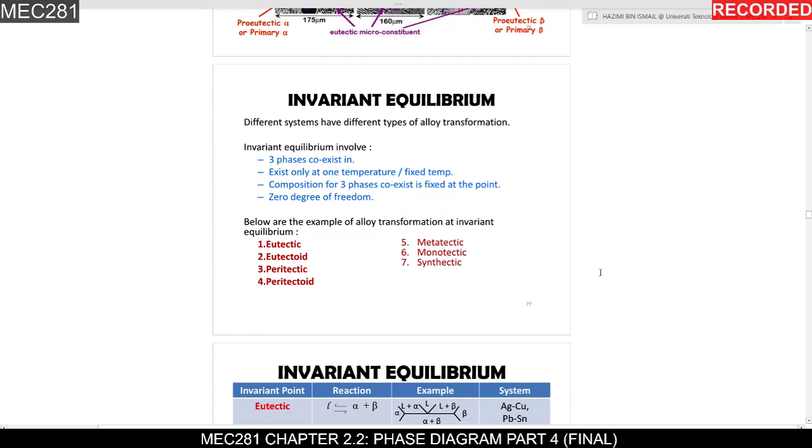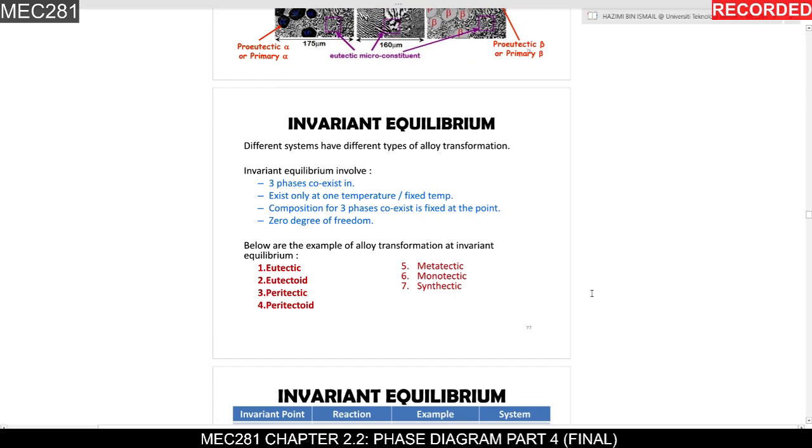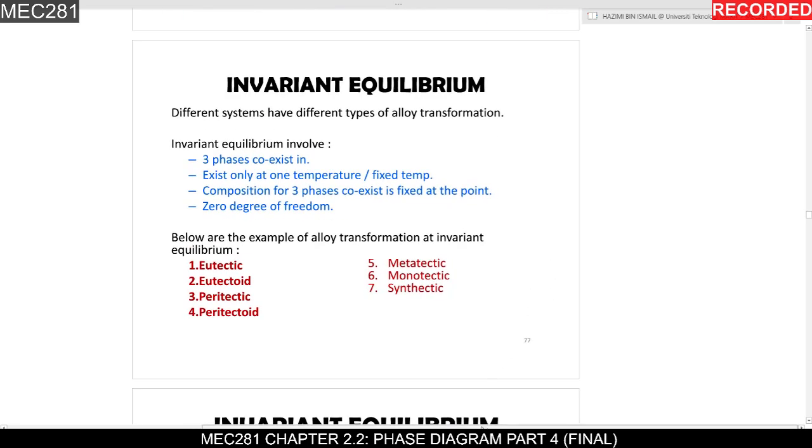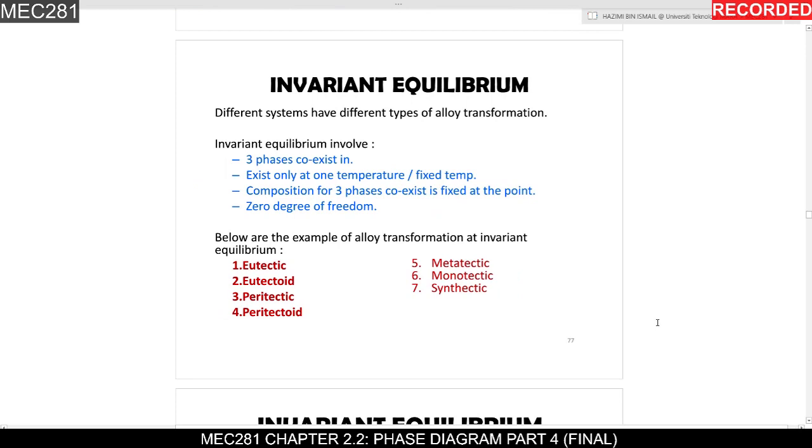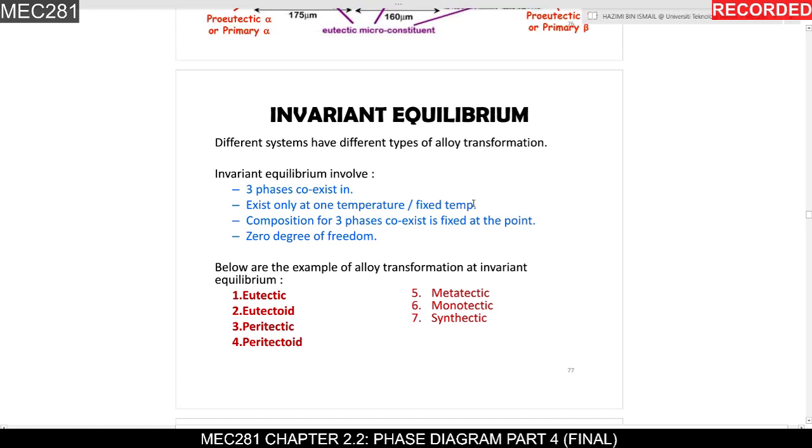I think in your syllabus it is more on the knowledge, and I cannot promise, but maybe it is not very important that it will come out in your final exam or quiz, but I said maybe. Either way, you have to study this subject about the invariant equilibrium. Okay, so let's get started.